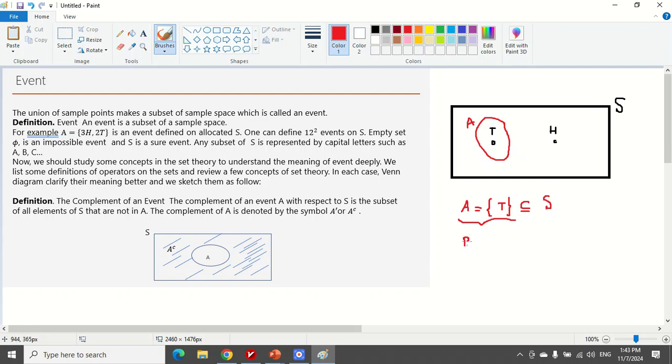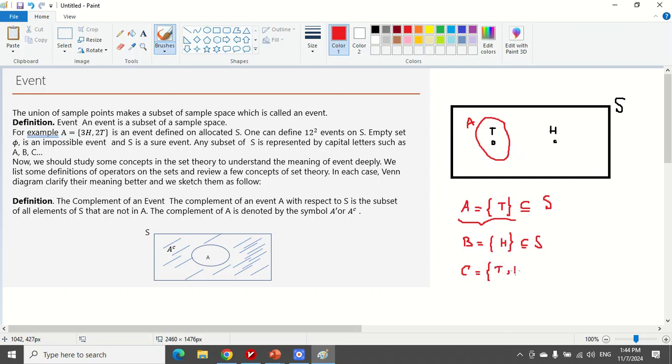We can consider B as a set that contains 2 possible outcomes as well, means that H, for example. Then this one is another event that is a subset of S, and I can consider it over here. Another subset that I can assume is a set that contains all elements, means that T and H, both of them.